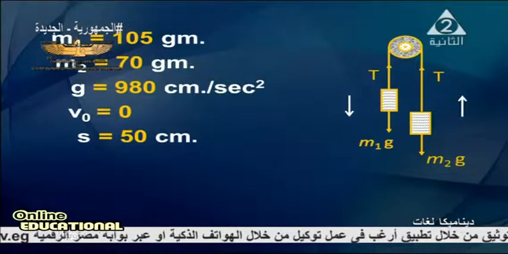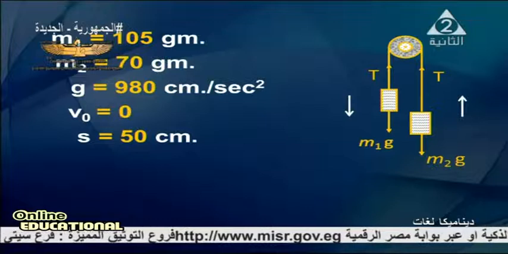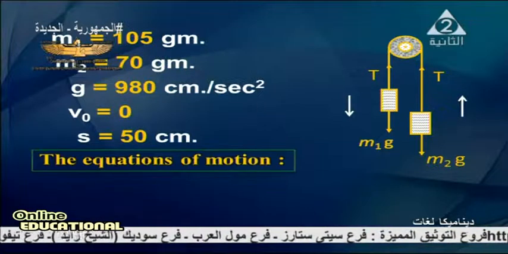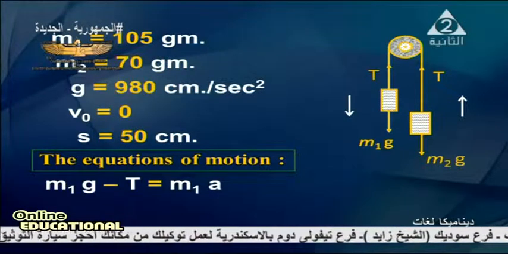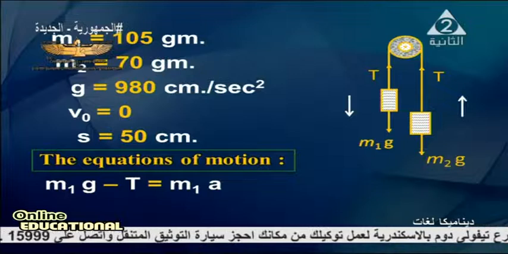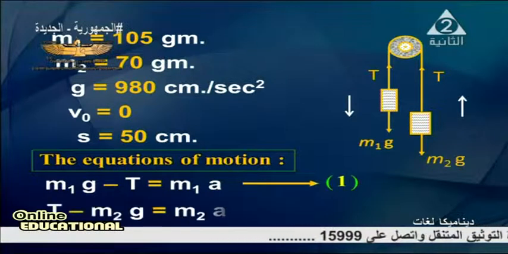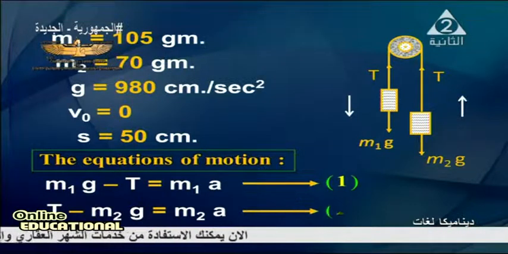We know that M1 is bigger than M2, then the motion is in the direction of the first mass M1, and the equations of motion are M1g minus T equals M1a, equation number 1. The second equation, T minus M2g equals M2a, equation number 2.